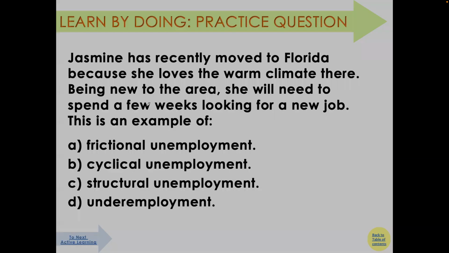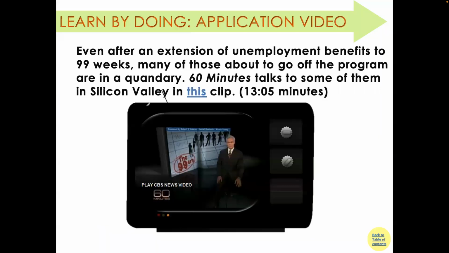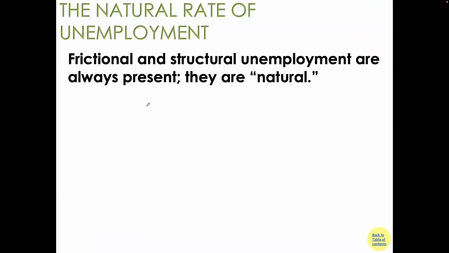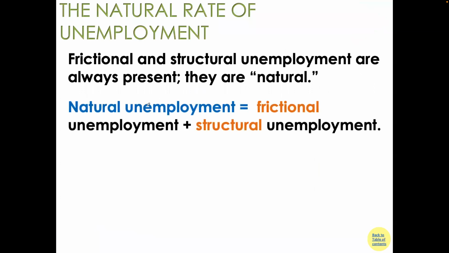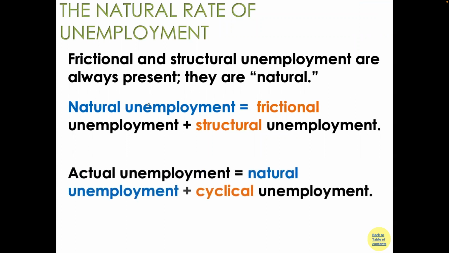Or in other words, we have two equations. Start with the bottom one: actual unemployment includes natural unemployment plus cyclical. But what is natural? Natural is a combination of frictional and structural.